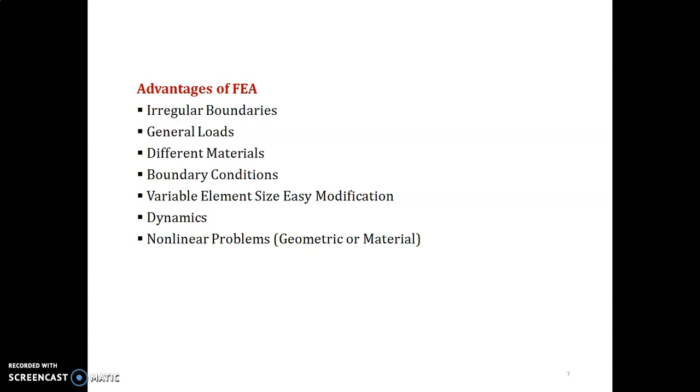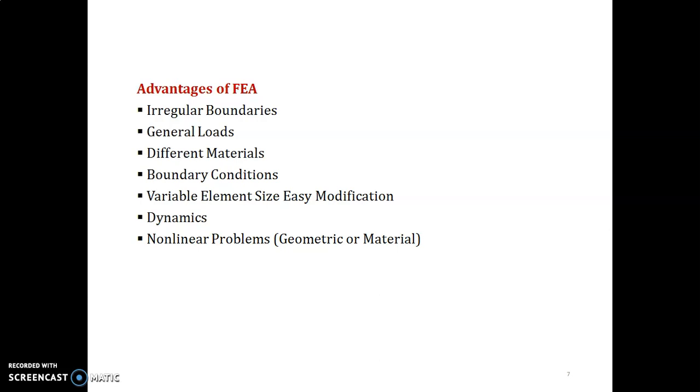So these are some of the advantages of FEM, and definitely it has limitations also, which we will discuss. The first limitation is that the computational time involved in the solution of the problem is very high. As I said, you need to solve matrices in FEM, and even though it is an approximate solution, the problems are very lengthy.